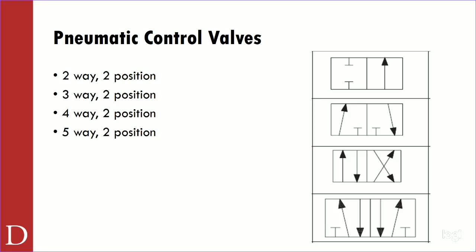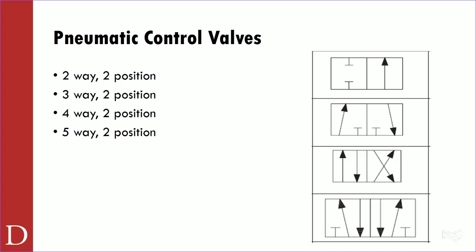If you look at a pneumatic control valve, like what I have right here, this first one, we're going to call a two-way, two-position valve. The positions are really easy. The positions deal with the number of blocks. That's really it. I can have 3 blocks on a pneumatic control valve, I can have 2 blocks, you can even have 4 blocks.